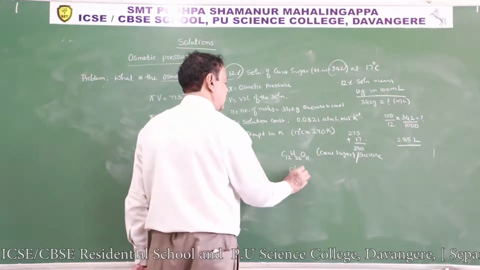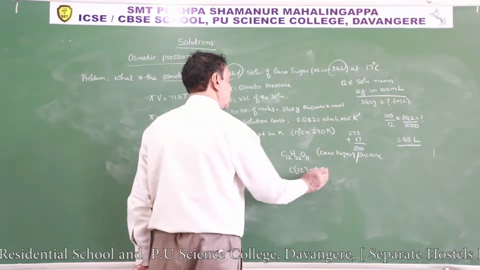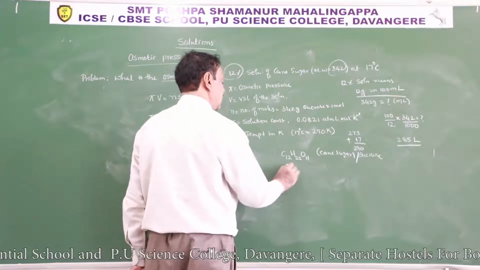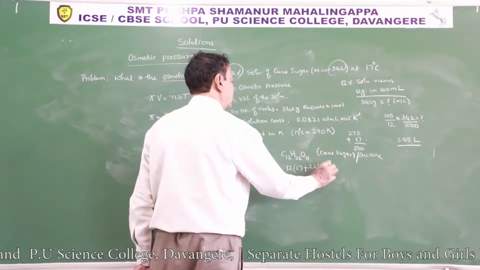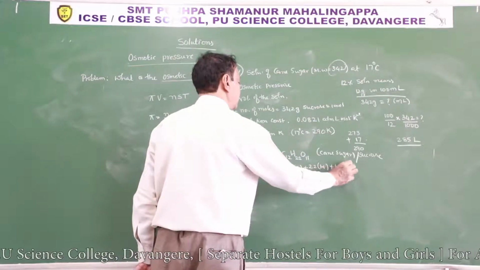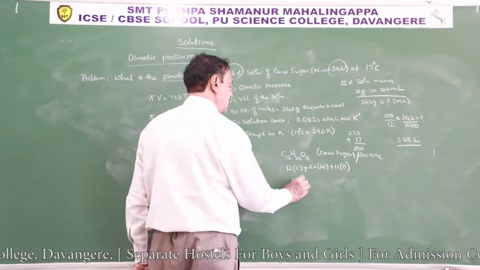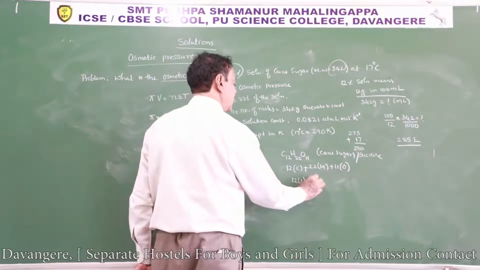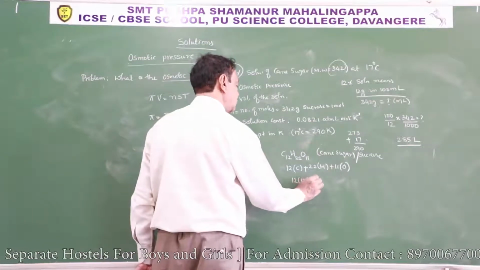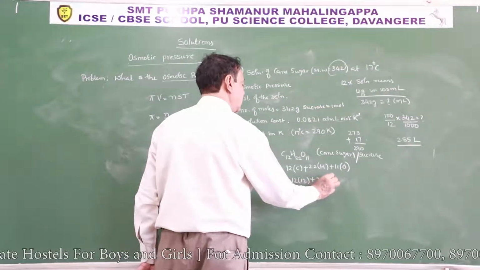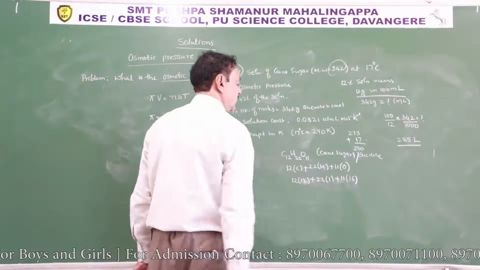That is 12 times carbon plus 22 times hydrogen plus 11 times oxygen, that is 12 into 12 plus 22 into 1 plus 11 into 16.